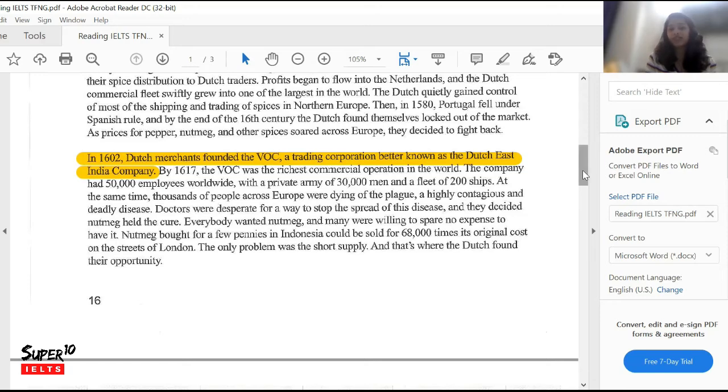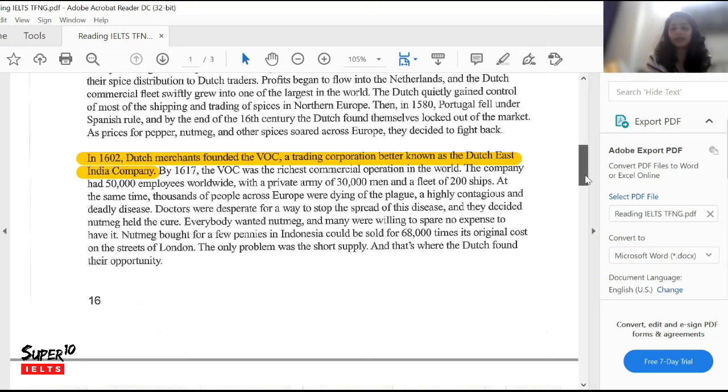Where is the information given that it was the first trading company? Does it say anywhere? It says in 1602, it was founded by Dutch merchants. It says it's a trading corporation. It is better known as Dutch East India Company. And then you read the entire paragraph.